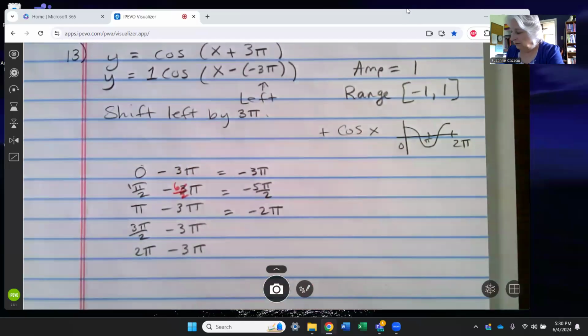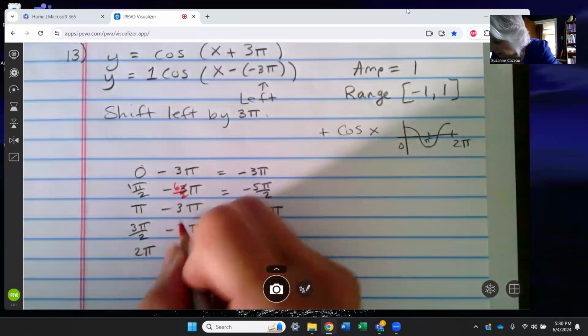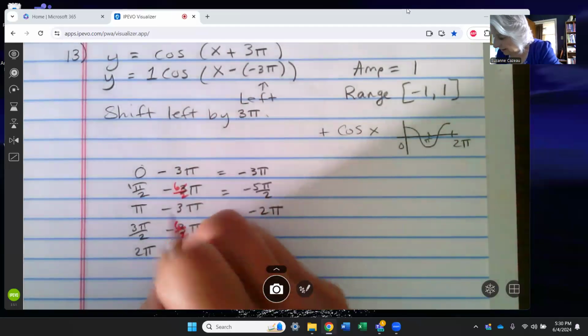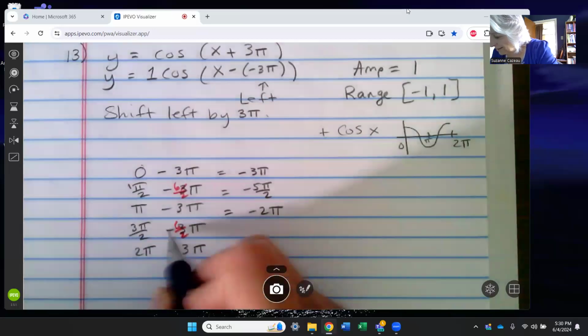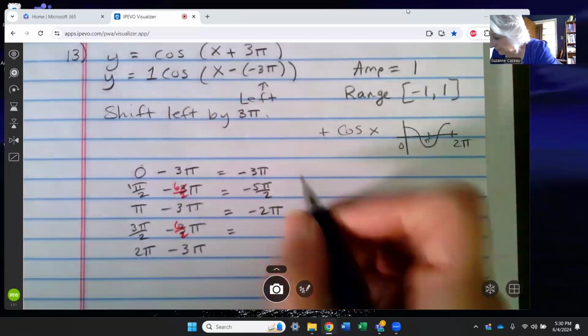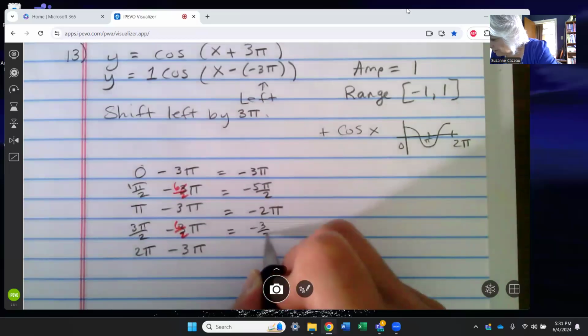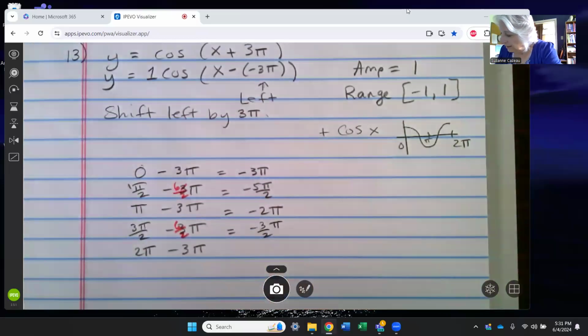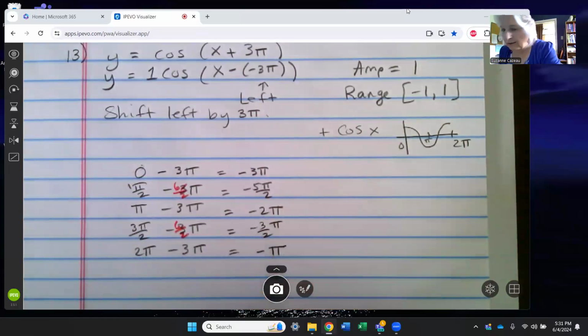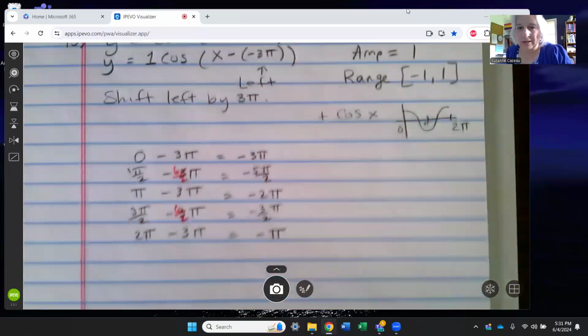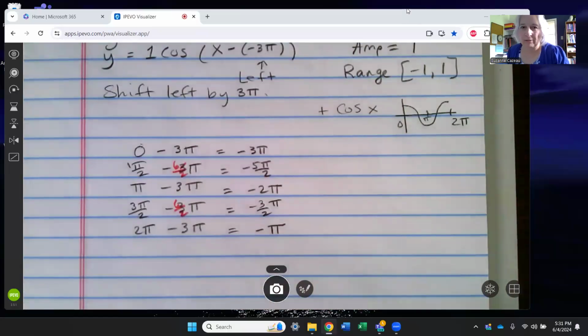Right. And then we can do the same thing here, make the 3 into a 6 halves. And so 3 minus 6 is a negative 3 halves pi. And then 2 minus 3, that's a negative 1 pi. Okay. So those are my new x coordinates after I shift left by 3 pi.